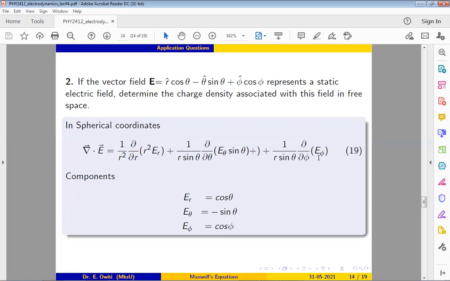So we extract these components, that is ER is cos theta, we extract it from what is given in the question. E theta is negative sin theta, E phi is cosine phi. Then we do the same thing like we did in the previous question. We substitute these components, ER, E theta, and E phi, and then we differentiate as required by equation number 19.